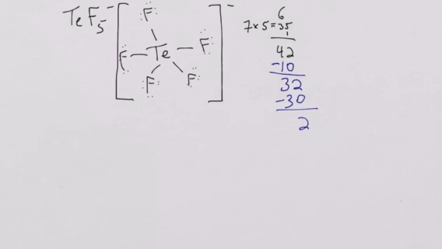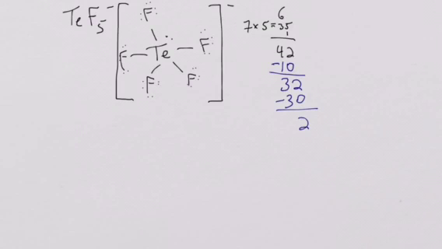So the 2 that I've got left, according to the rules, again, we'll just put right on the central atom. And so if I put my 2 electrons there, I can see that this is likely what my Lewis structure would look like. The question probably also says to indicate formal charge.